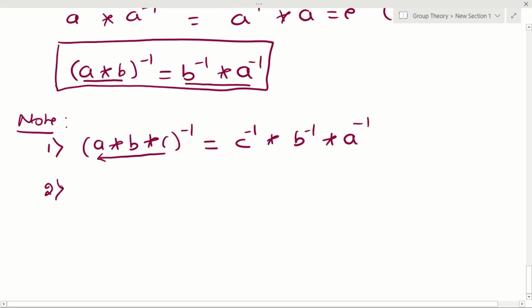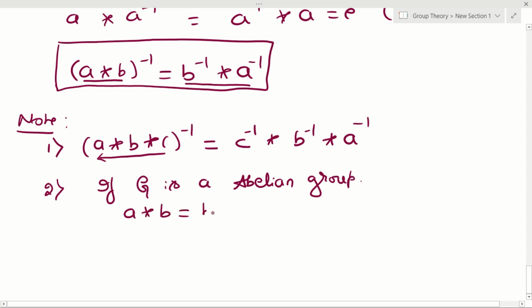Second point, in this property, what is G? G is a group. If G is an abelian group, what happens? Abelian group means it satisfies the commutative law. What is that commutative law?